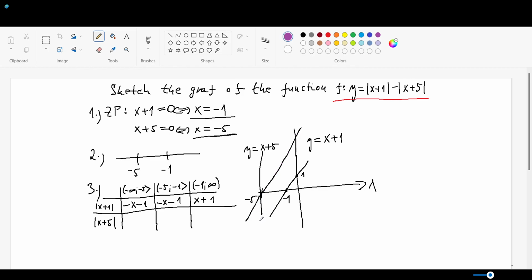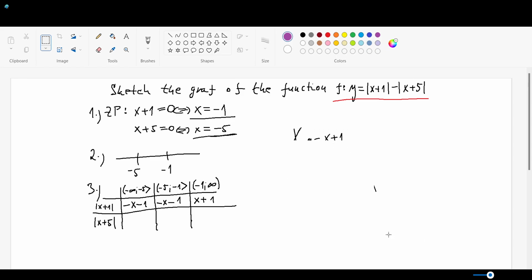So if you realize this and have this in mind when evaluating your expression in the absolute values, you can do it a little bit quicker, a little bit faster.